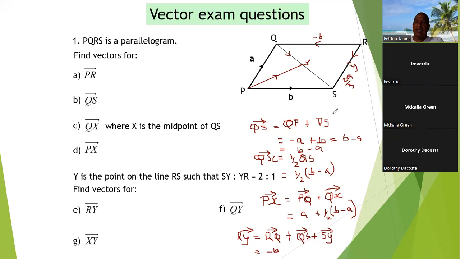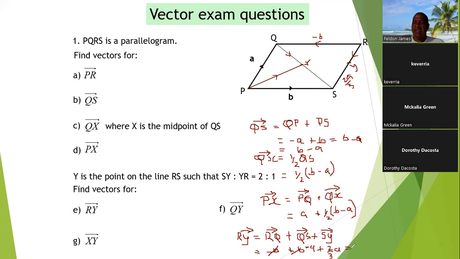And then QS would be B minus A. This is B minus A. So that would be plus B minus A plus 2/3 A. Now remember that this minus B will cancel with this B. So you would have left here minus A plus 2/3 A, which would give you what?